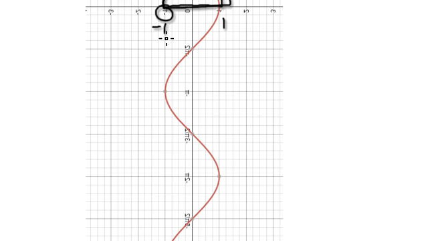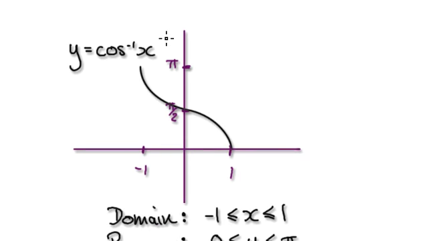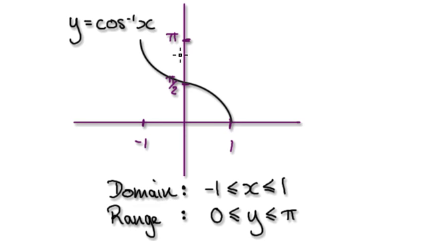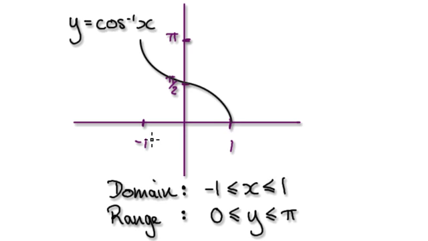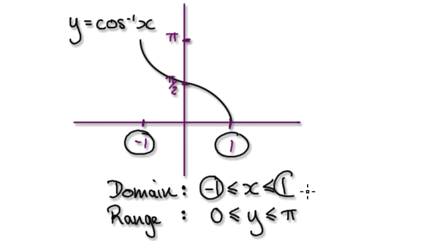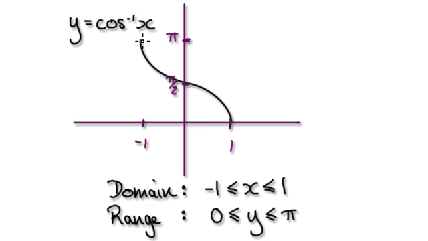So when someone talks of the inverse cos of x, in your mind you should be visualizing this graph here, where the domain is -1 and +1, and the range, the highest point is pi, the lowest point is 0.